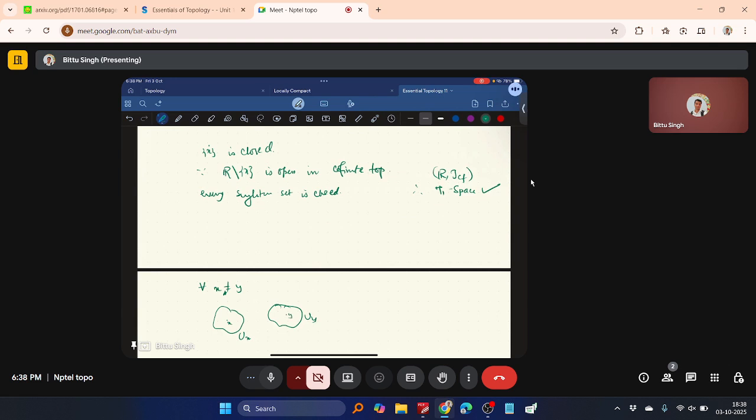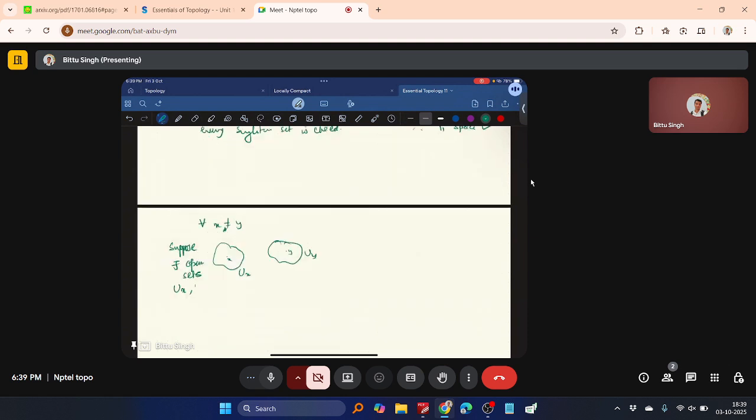Is it possible? So let us assume this. Suppose there exist open sets Ux, Uy containing x, y respectively.